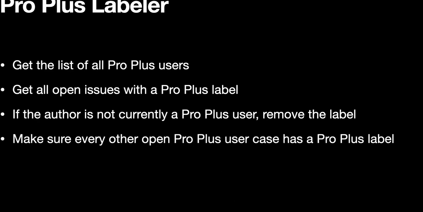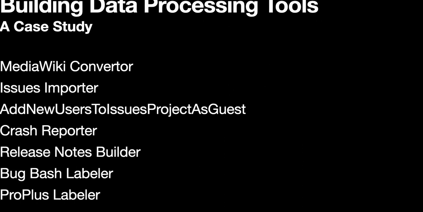Then make sure every other open Pro Plus user case has a label. So this was all the stuff I've been writing over the last couple of years to manage the conversion to the new documentation system, to manage the conversion to issues, setting up the users for issues, and then the crash reporter to deal with crashes, release notes builder, bug bash label, Pro Plus labeler.